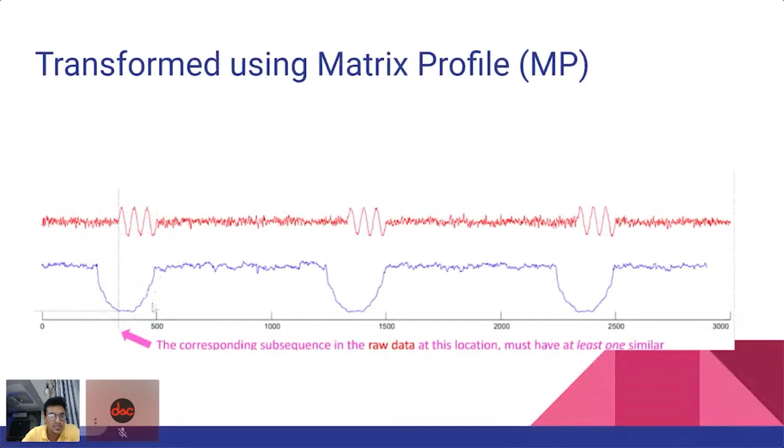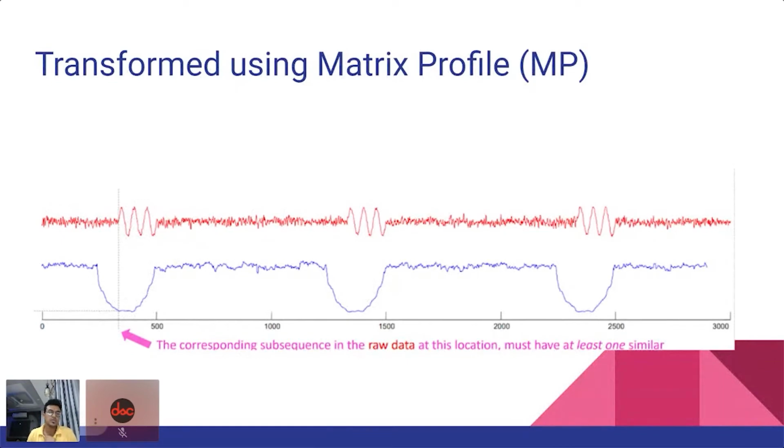We can easily detect that there is some bad data here, right? And essentially at these intervals also, right? So the corresponding subsequence in the raw data at this location must have at least one similar point. So if we have to detect the anomaly in the data where it is difficult to detect, we can just convert it into a matrix profile and it becomes more significant.